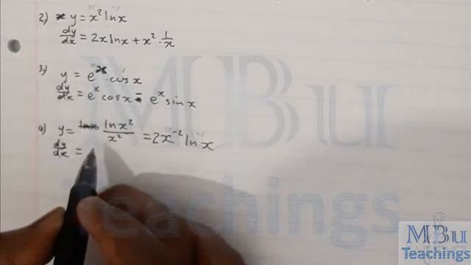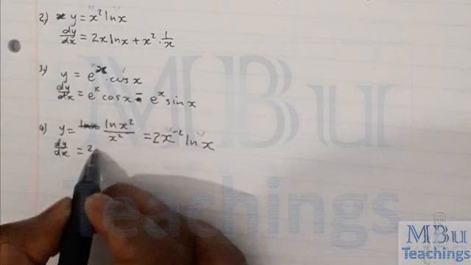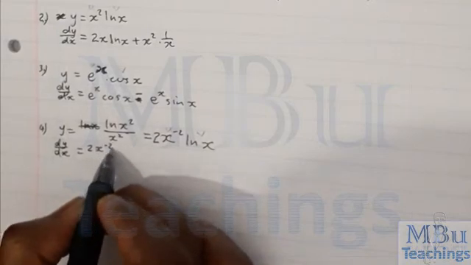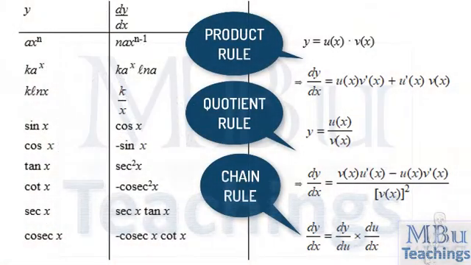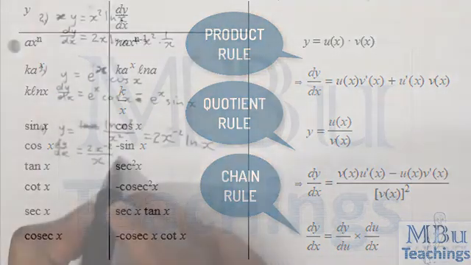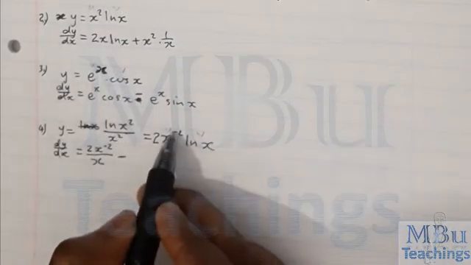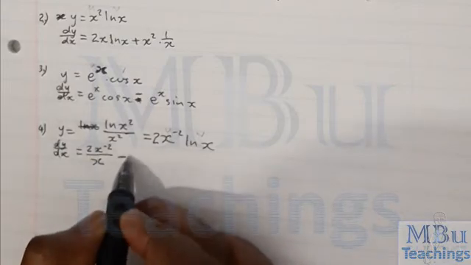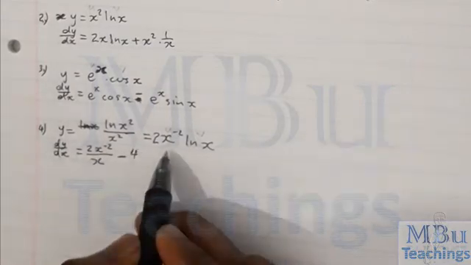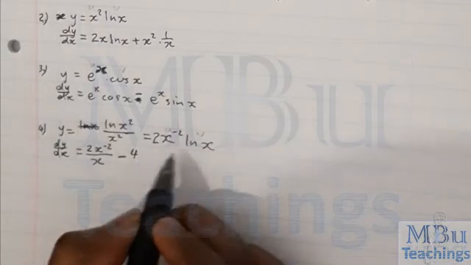So I'll end up having 2x to the power negative 2 divided by x, because remember this is 1 over x times this thing, which will give me this. Then I say minus, because when I derive this I'll get a negative. So minus 2 times 2 will be 4. Right, so I have 4.